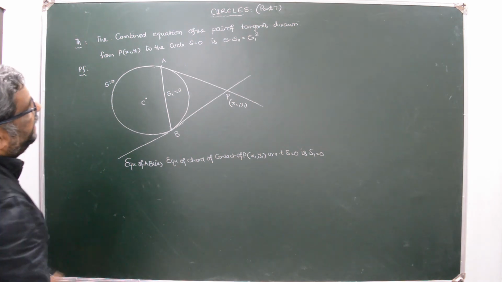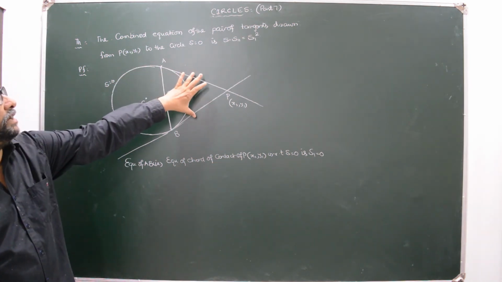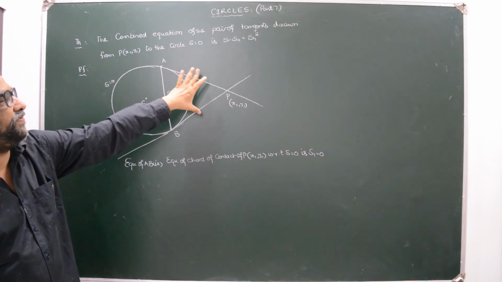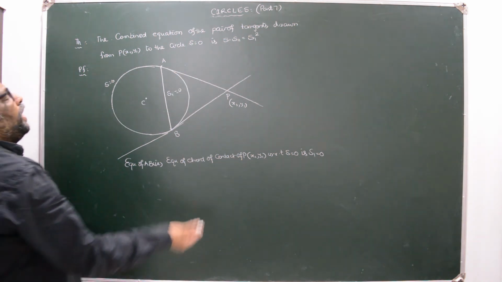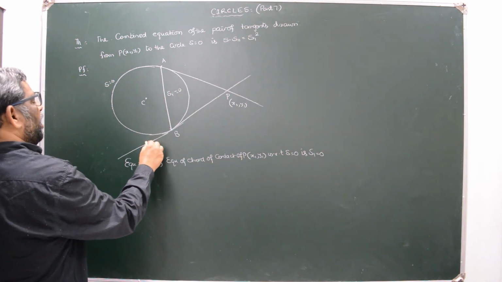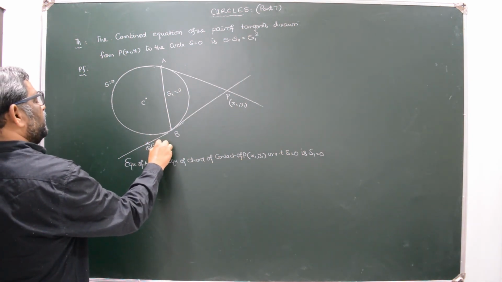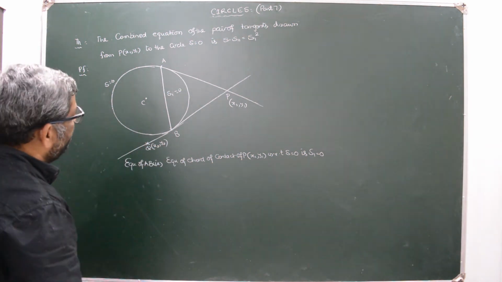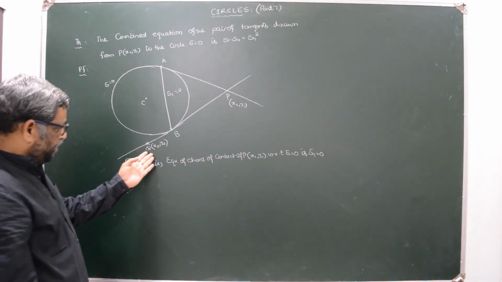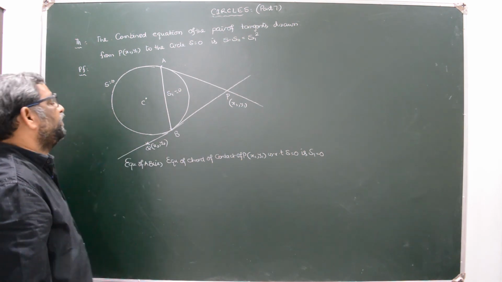Now we need the equation of the combined tangents, that means the pair of tangents drawn from P. So let us consider some point Q somewhere on this pair. Let this be Q(x2, y2). I am choosing Q somewhere, whether it may be here or maybe here or somewhere.